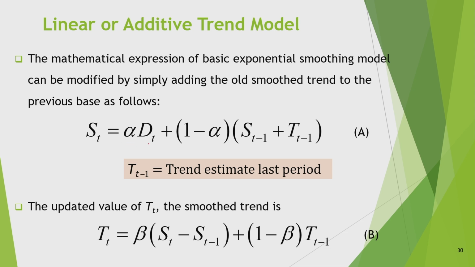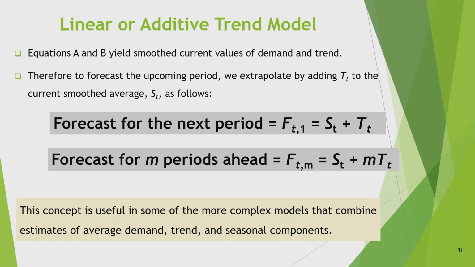That means st becomes alpha dt plus 1 minus alpha, but this is not only st minus 1, we have added some trend component, that is tt minus 1, and trend estimate can be calculated as tt is equal to beta into st minus st minus 1, plus 1 minus beta into tt minus 1. So, equations A and B yield smooth current values of demand and trend.